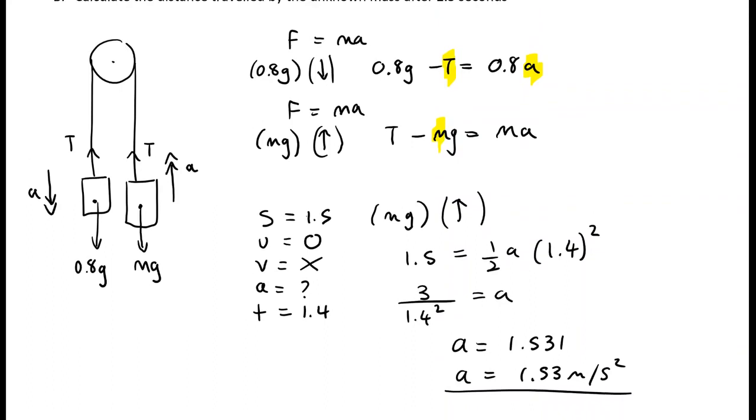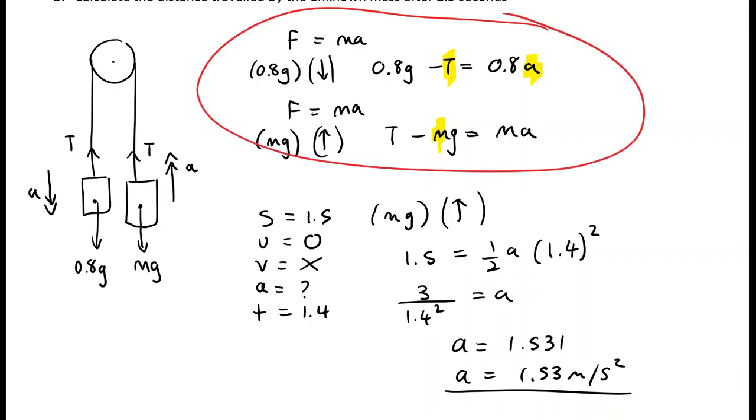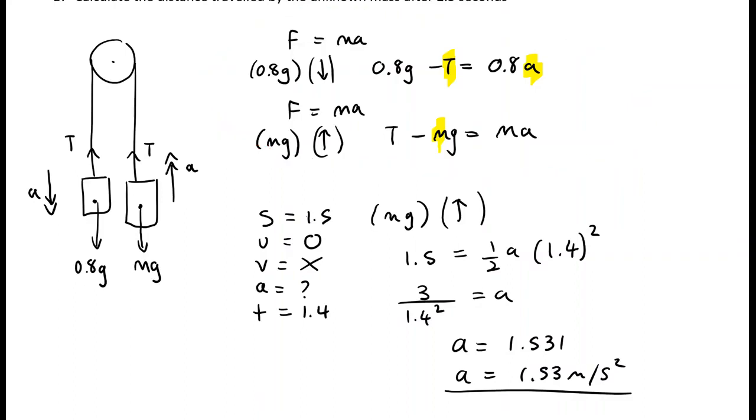Now we can go back to these equations here, and there will only be 2 unknowns. In fact, in the first equation there'll only be 1 unknown, making it much easier to solve. Just take a copy.